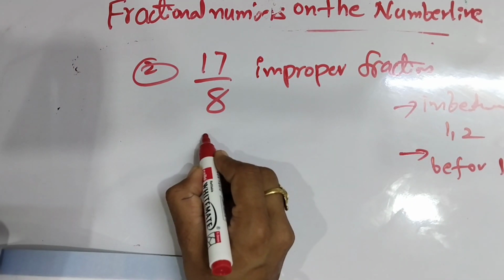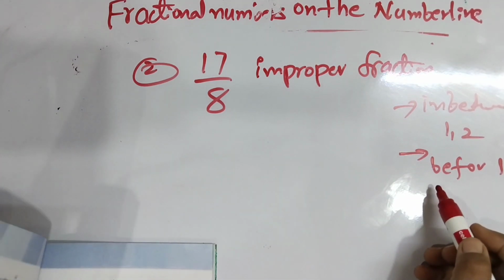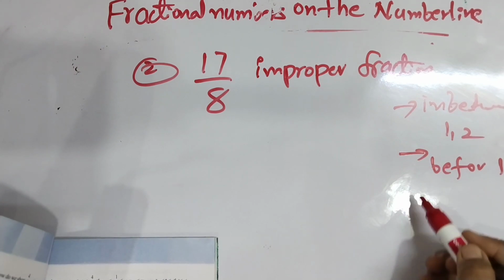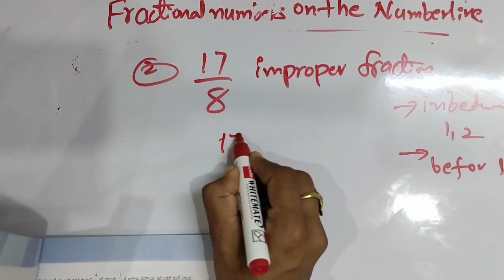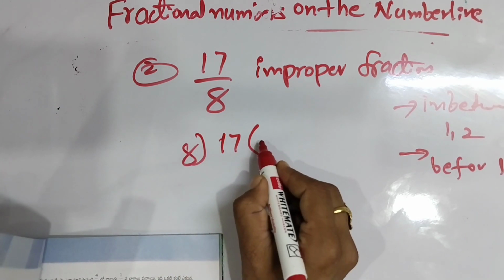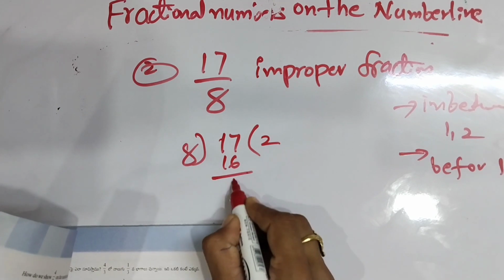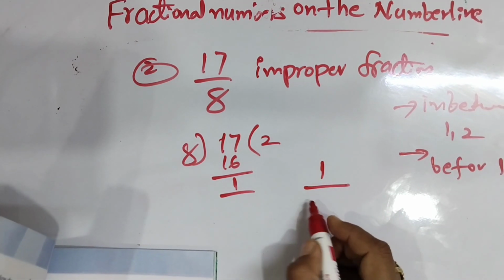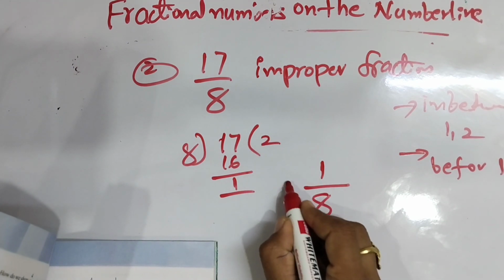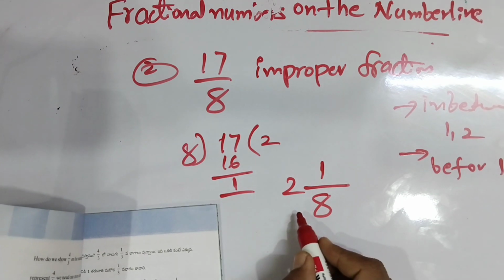At first, this is an improper fraction, so this value is not before 1. For 17 by 8, as an example, 8 twos are 16, so 1 is the remainder. The remainder becomes the numerator, the divisor becomes the denominator, and the quotient becomes the whole part.